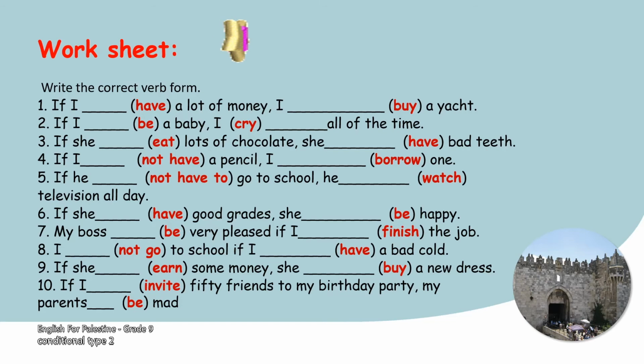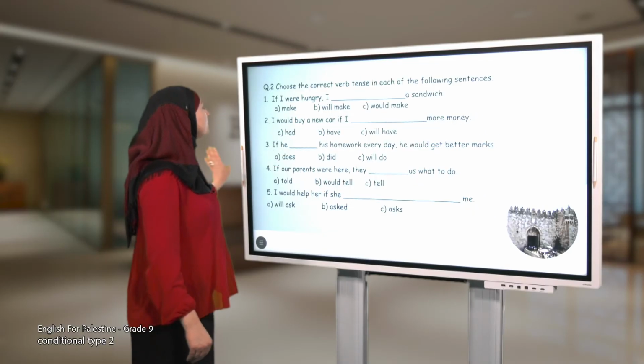Number 8, I not go to school if I have a bad cold. Number 9, if she earns some money, she buy a new dress. Number 10, if I invite 50 friends to my birthday party, my parents be mad.